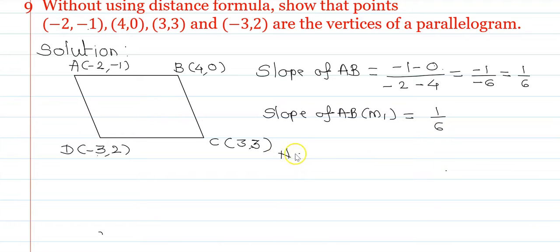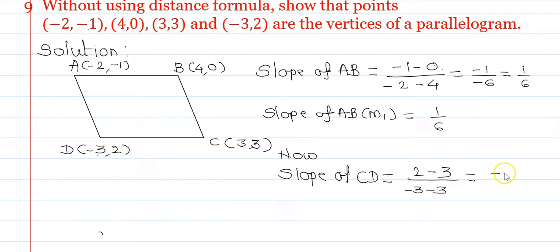Now slope of CD, here difference of again the y coordinates, 2 - 3 upon -3 - 3, and that's equal to -1 upon -6, which is equal to 1 upon 6.